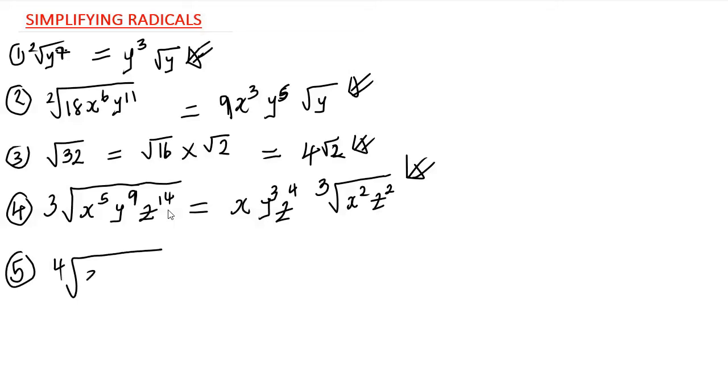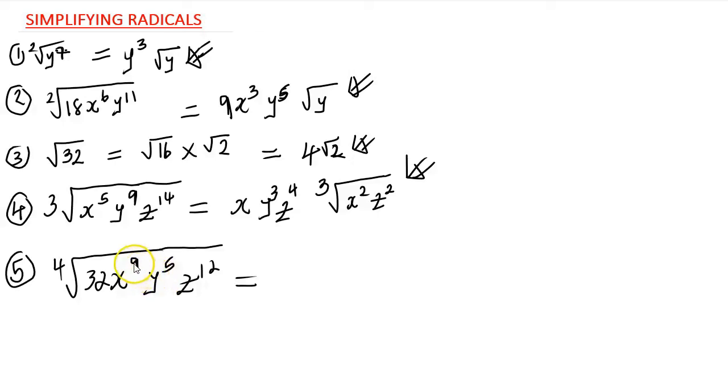So let's take a look at one more. What about the fourth root of 32s raised to the power of 9, then y raised to the power of 5, then z raised to the power of 12? How can we evaluate this? We're also going to use the same logic.